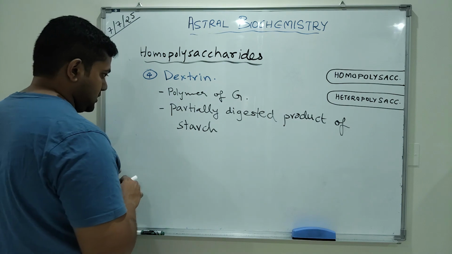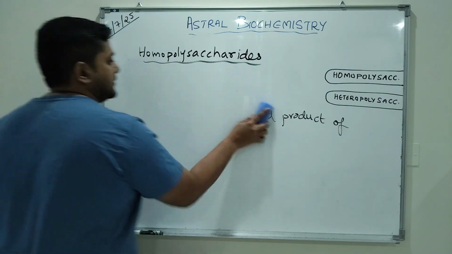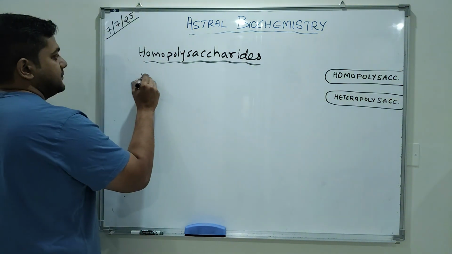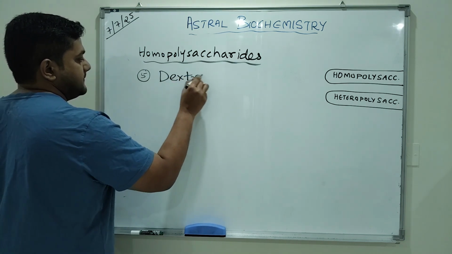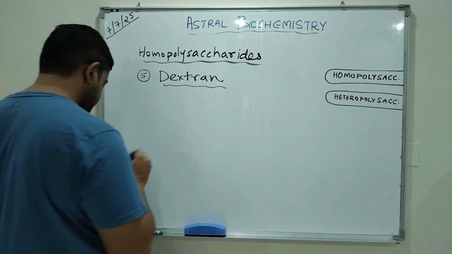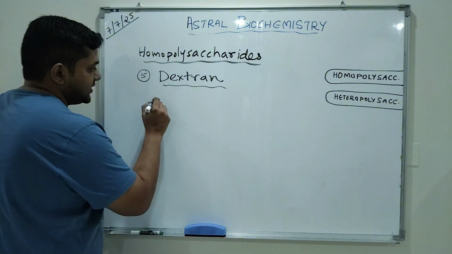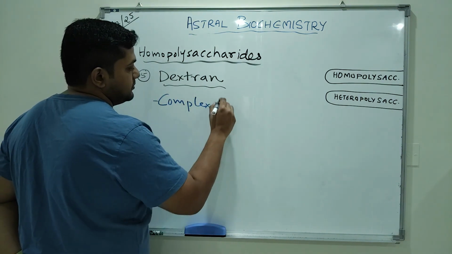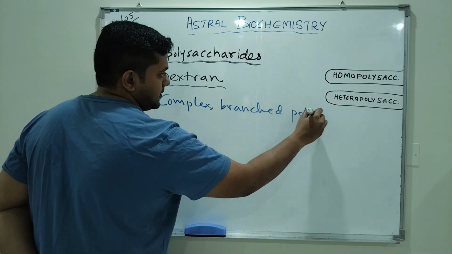Now about dextran. So the 5th one is dextran. Dextran is a complex branched polymer of glucose.